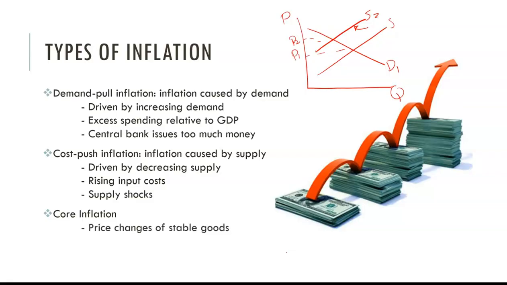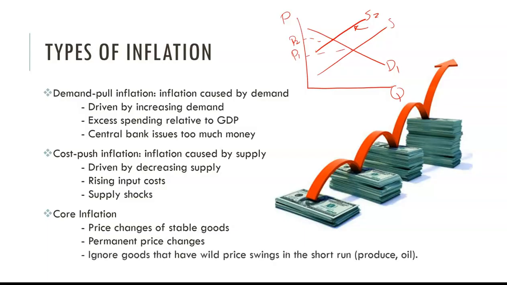Core inflation is going to look at price changes of stable goods. So we're going to take out things that are more volatile, that have frequent price changes. Core inflation is trying to look at maybe a permanent price change, something that's not going away. And it's going to ignore goods that have wild swings of price in the short run.